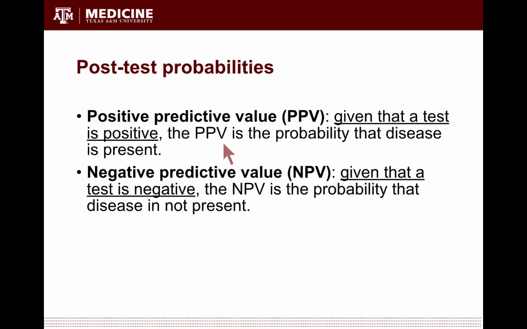So if a new patient tests positive, you can compute the PPV for that patient to determine what their probability of disease is. The negative predictive value: given that a test is negative, the negative predictive value is the probability that disease is not present.